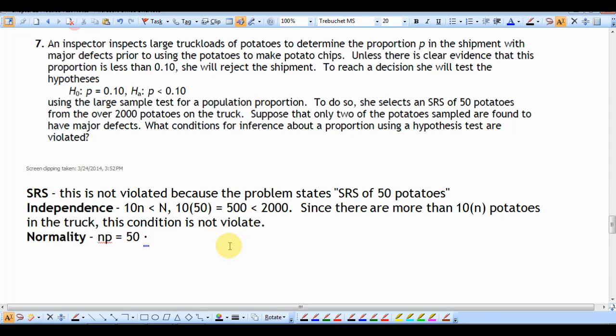What is our value of p? 0.10. What's that equal to? 5. Which needs to be greater than 10. Less than 10. Okay, so this condition is not met.